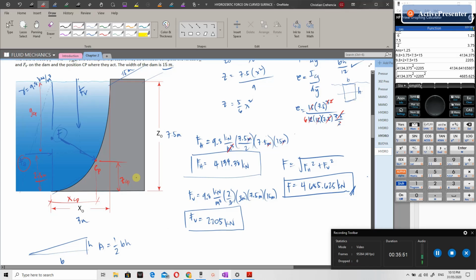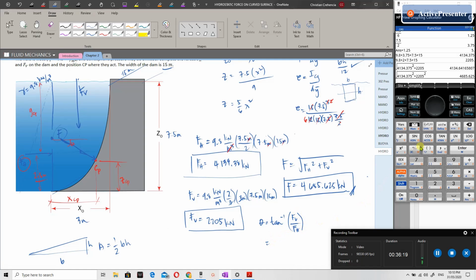Okay, so first is determine natin yung angle. Okay, so angle from the horizontal. So angle theta is equal to arctangent, opposite natin, ito yung opposite, yung vertical, over adjacent natin, yung horizontal. Okay? So, solve natin. Shift tan, arctangent. Okay.